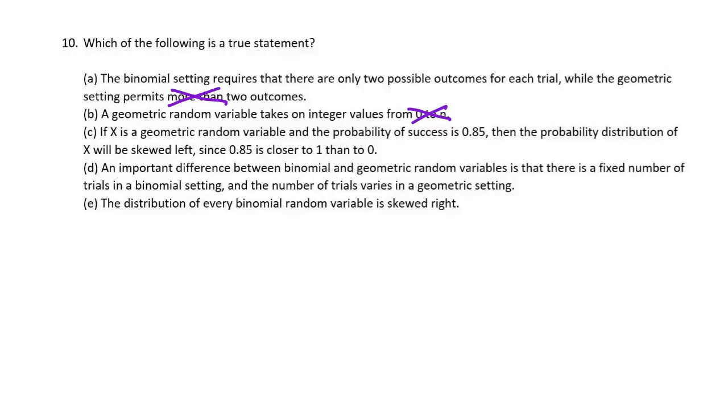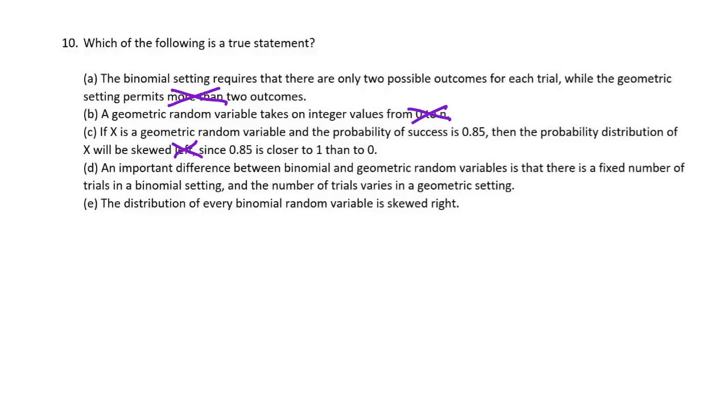If x is a geometric random variable and the probability of success is 0.85, then the probability distribution of x will be skewed left, since 0.85 is closer to 1 than 0. Geometric random variables are always skewed which way? Always skewed right. It does not matter what the probability of success is, it is always skewed right.